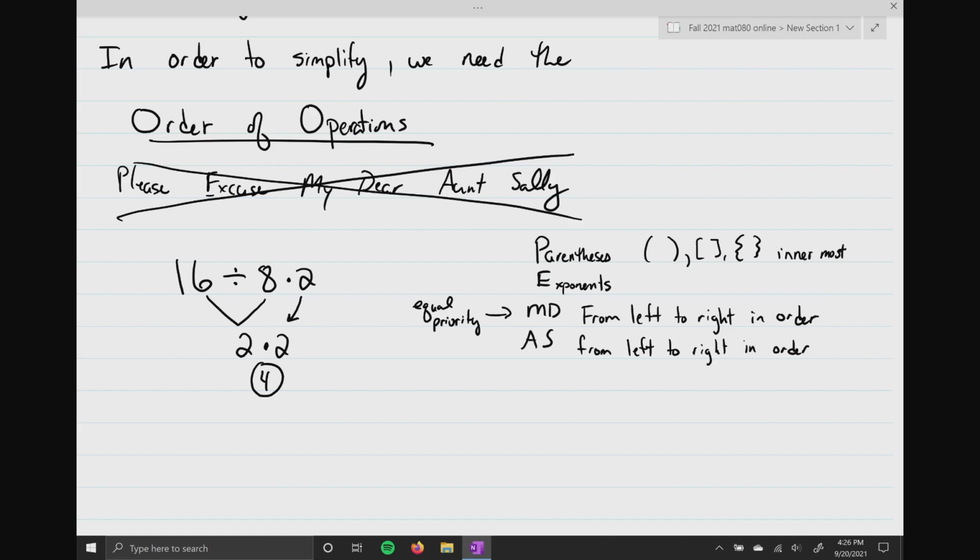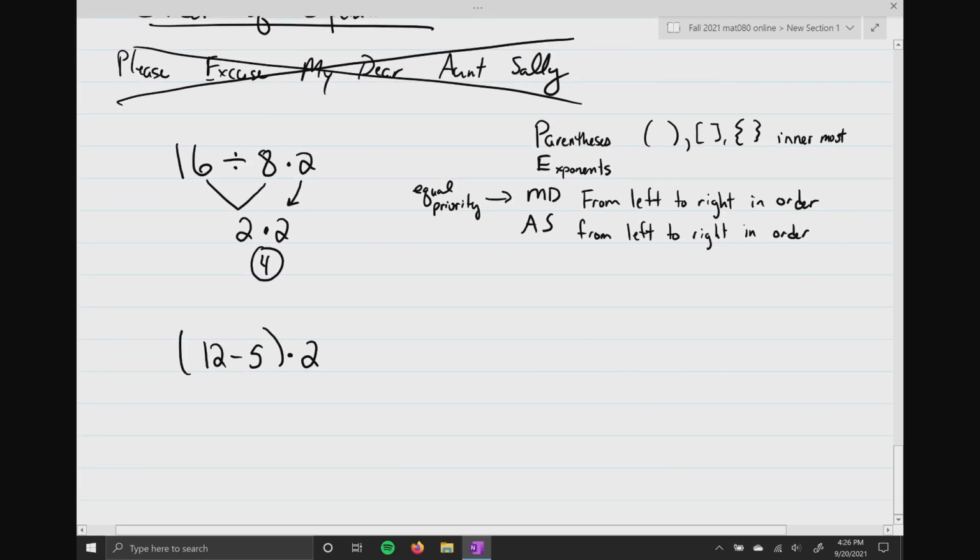So now, if we go back to our problem, the quantity of 12 minus 5 times 2, well, on the right-hand side, I just write my little order of operations, and I just go right down a list. Do I see parentheses? Absolutely. So I'm going to do the math inside. Now, when I look inside, I start following my order of operations.